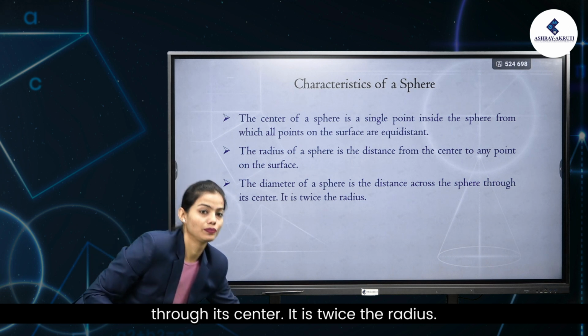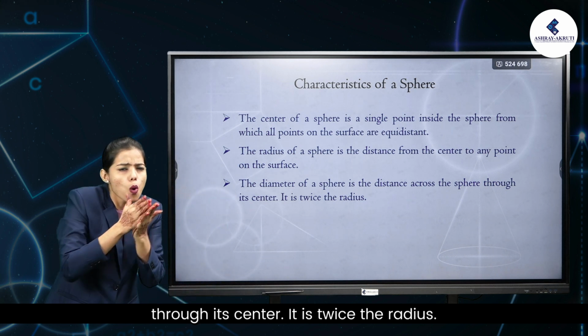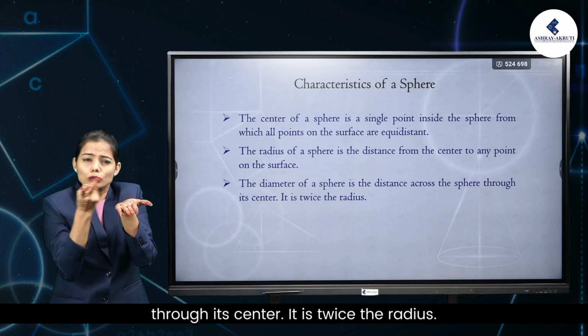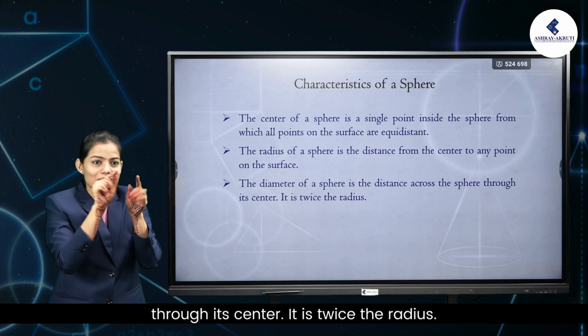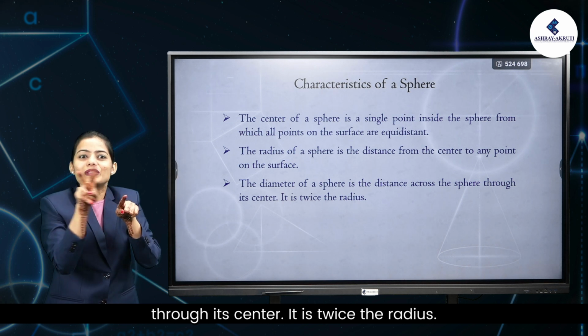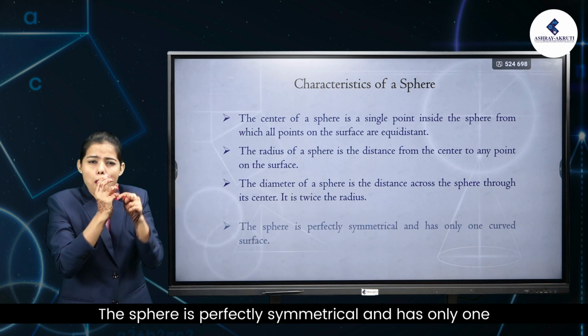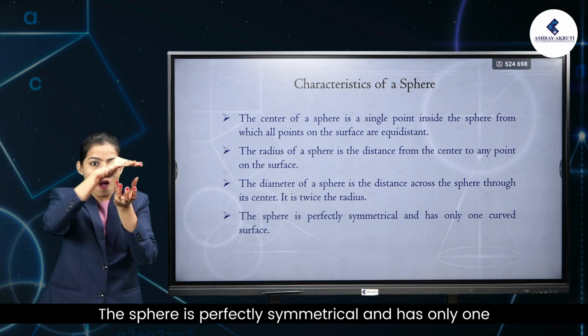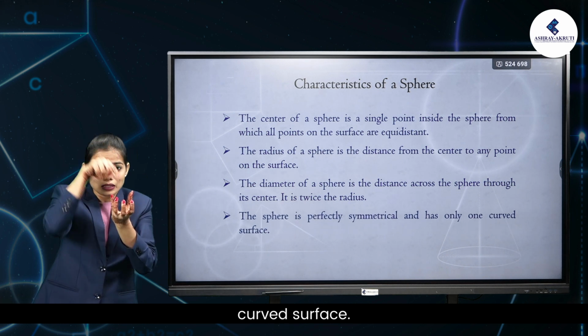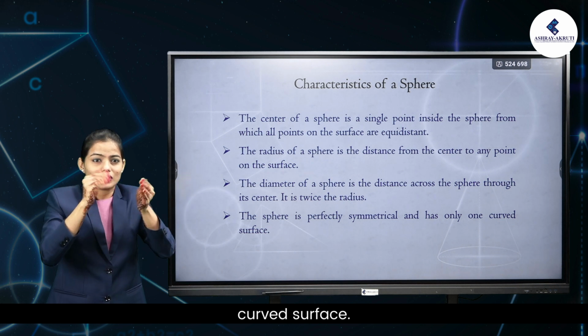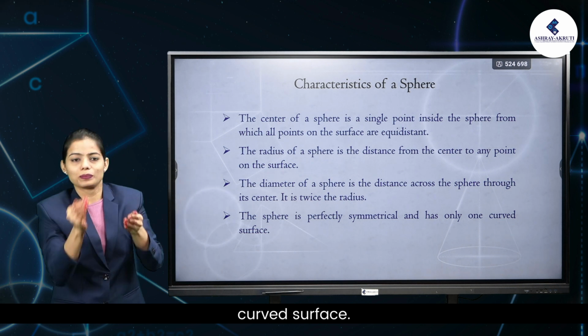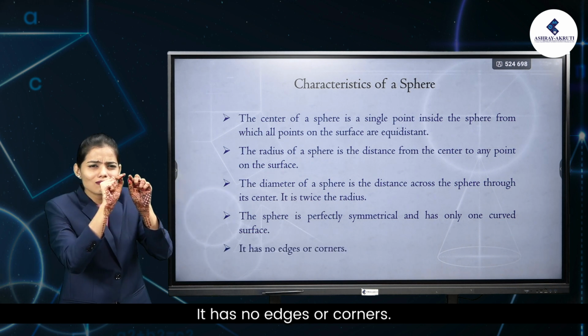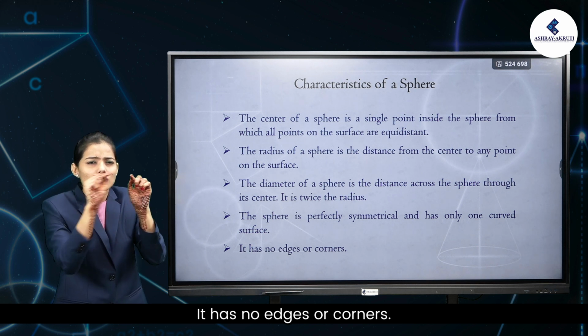It is twice the radius. The sphere is perfectly symmetrical and has only one curved surface. It has no edges or corners.